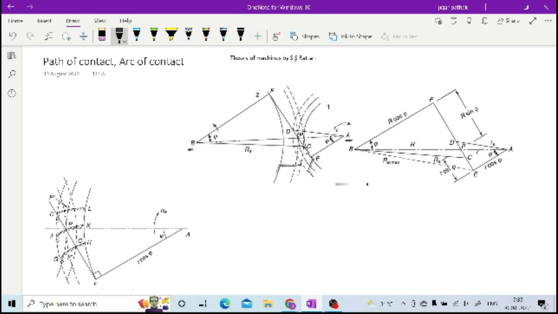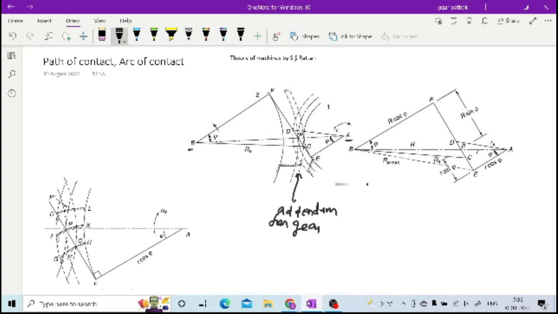So C is at the base, or we can say towards the dedendum, considering this clearance for this pinion which is driver, right? And D is nothing but the tip of that same tooth, which is in contact with the other tooth of the gear, right? If you see from the point of view of the gear, then as you can see, this particular circle is the addendum for gear, right?